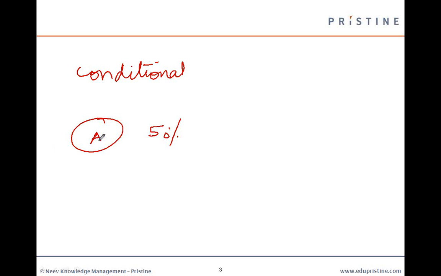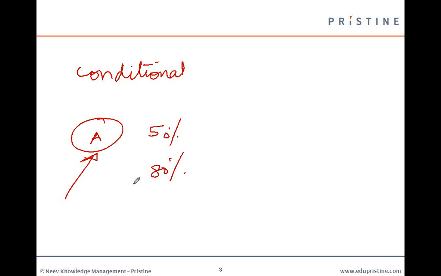Next day, I ask the same person, what is the probability that you will pass the exam given that I leak the question paper and give it to you? Will your answer be the same or different? Most likely different. You'll say, yeah, now I'm 80% confident I'll pass the exam. 80% because even if you leak the question paper, probably I need to at least study to answer all those questions.